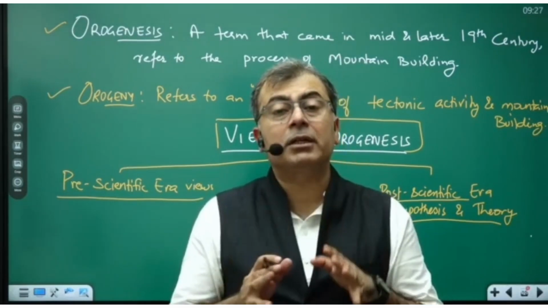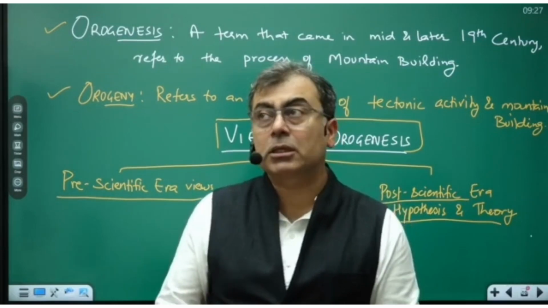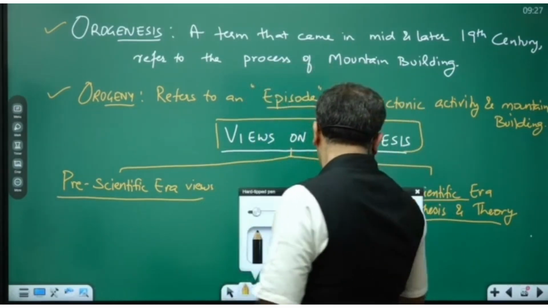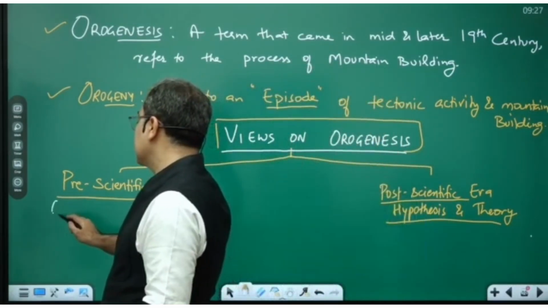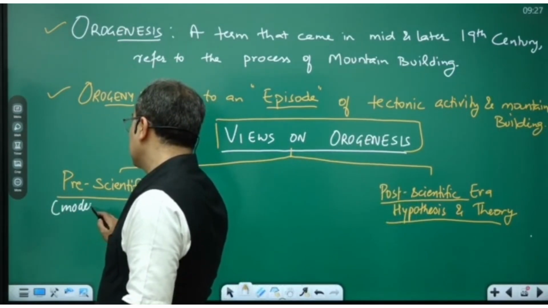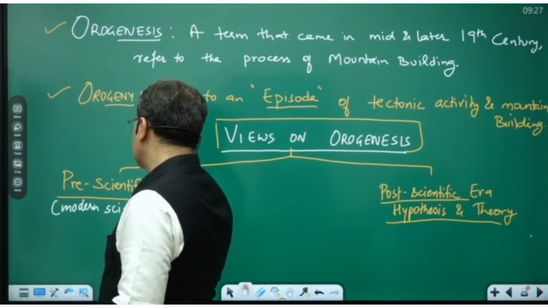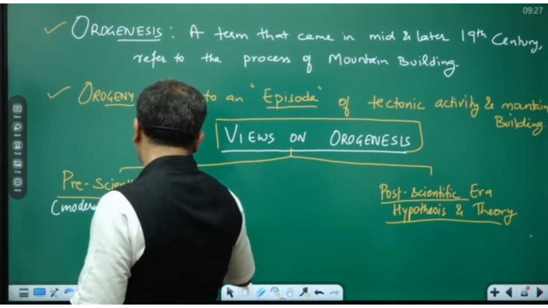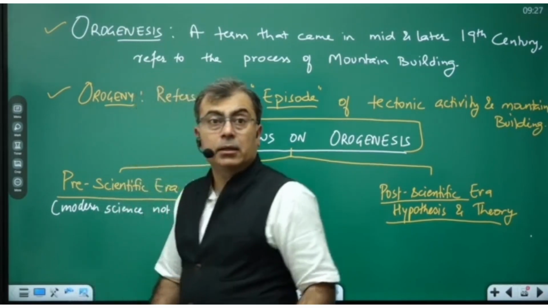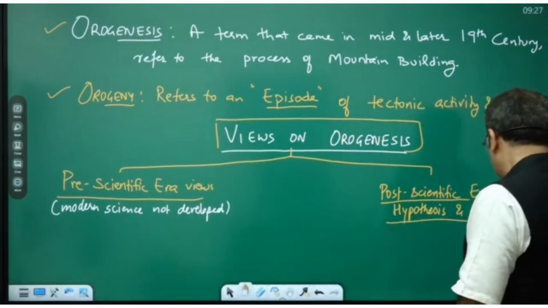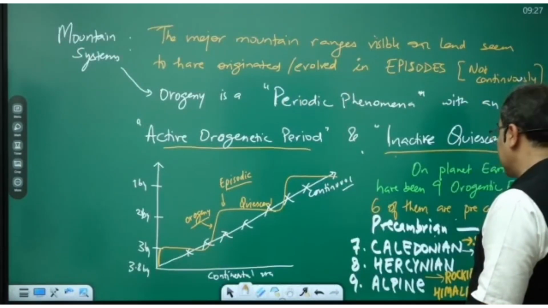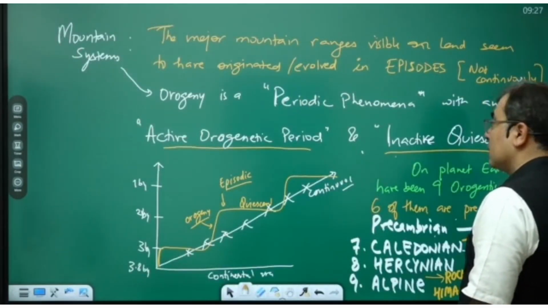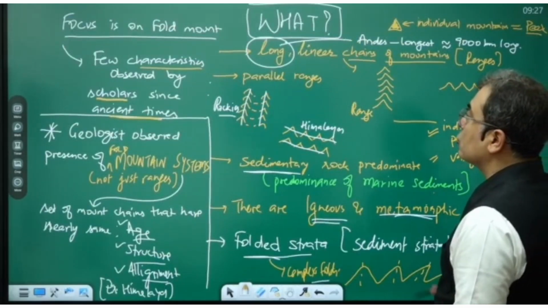But then the scientific development, the modern science had not developed by that time. Modern science not developed. And then you are looking at strange things. You can also see that there are mountains, what are they? The challenge is that you have to explain so many things.